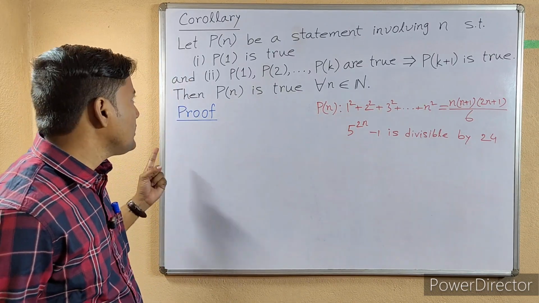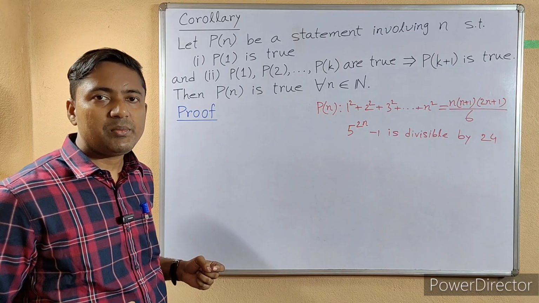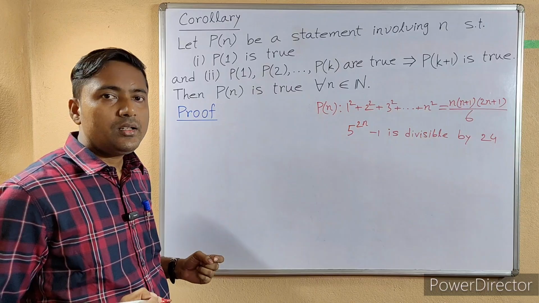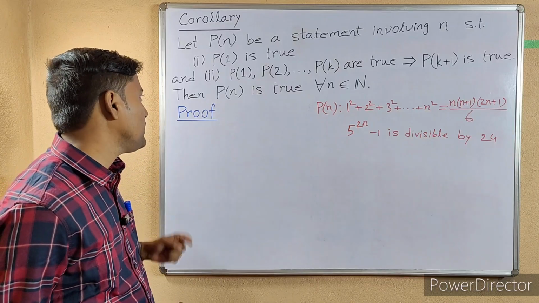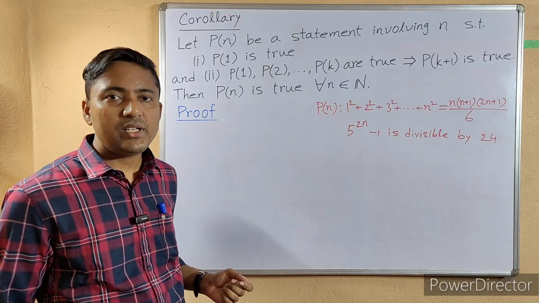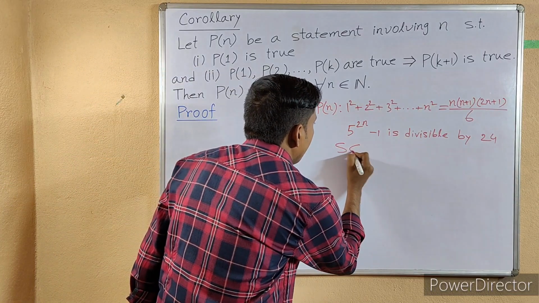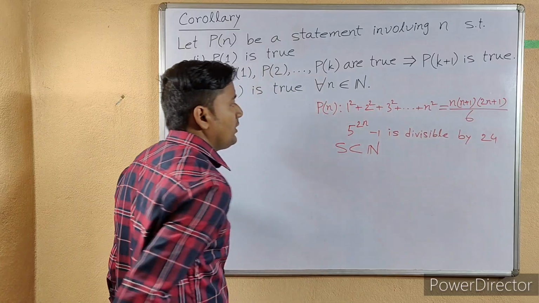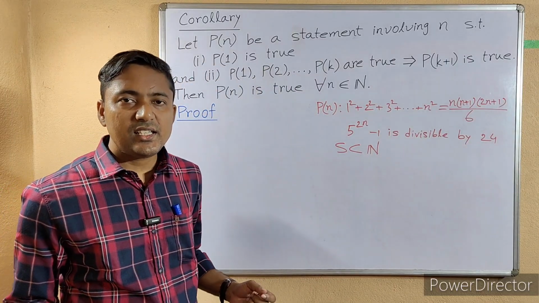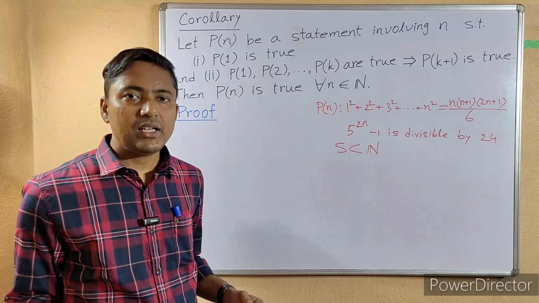This is the corollary of the second principle of mathematical induction. Now let's look at how to prove this. First of all, we have to take a suitable subset S of N such that S satisfies the two conditions of the second principle of mathematical induction.